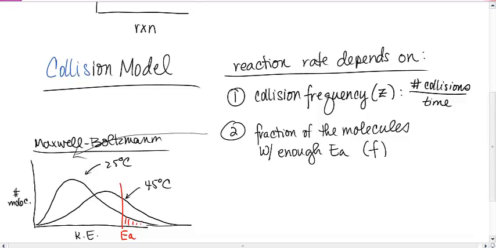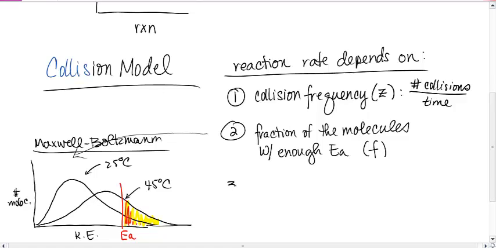But you raise the temperature, and now you've affected the fraction of the molecules with enough E sub A, because now at 45 degrees, we have a much larger fraction of our molecules. So obviously temperature is going to affect the fraction of the molecules that have enough activation energy. All right, so that's number 2.